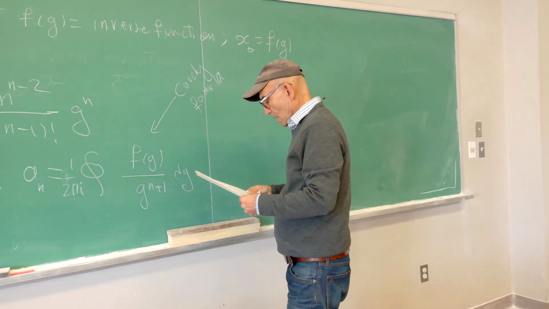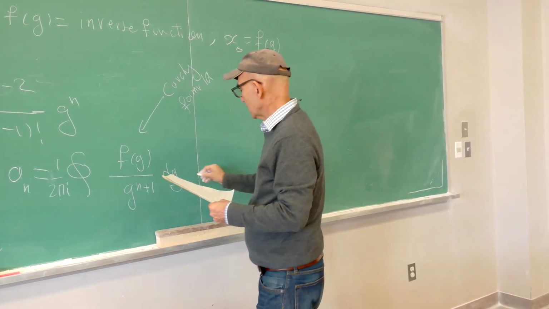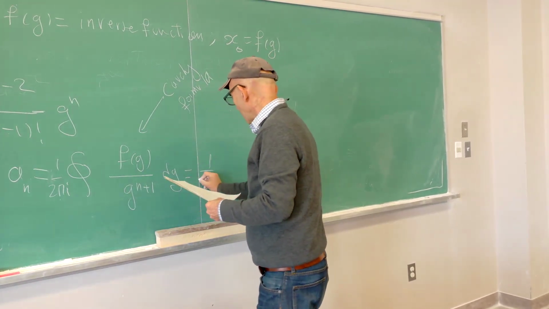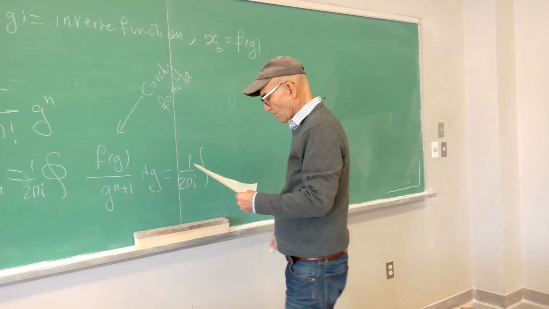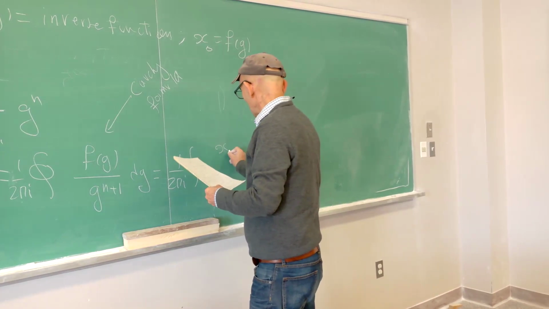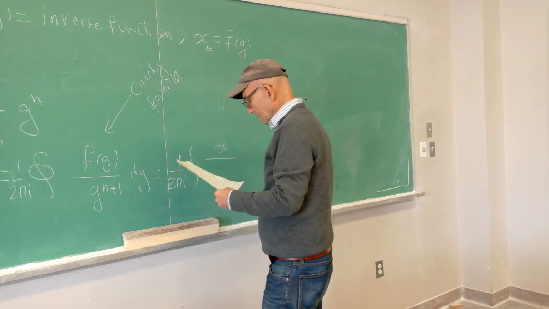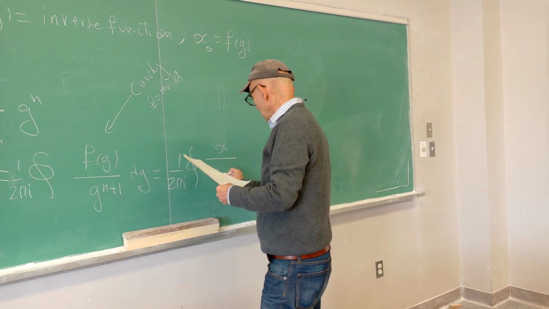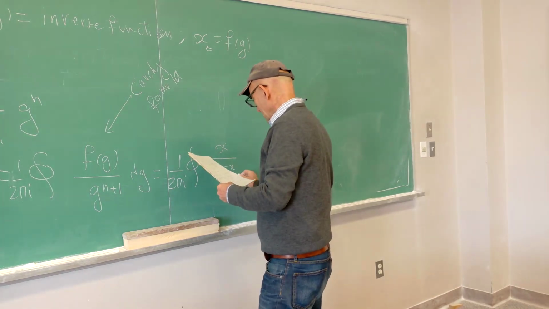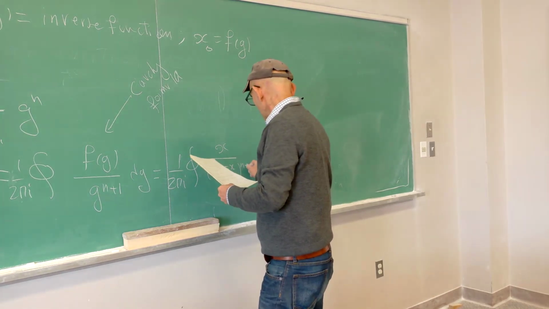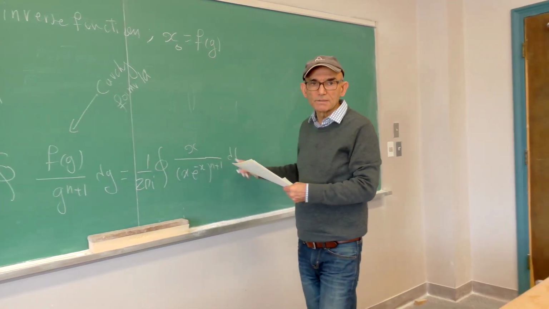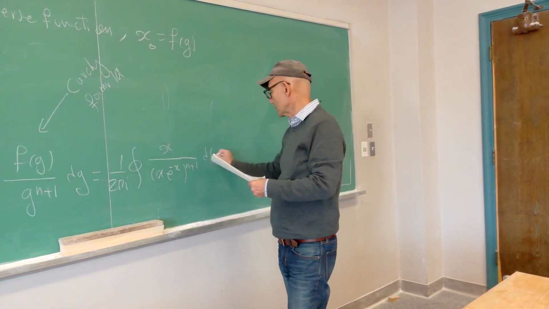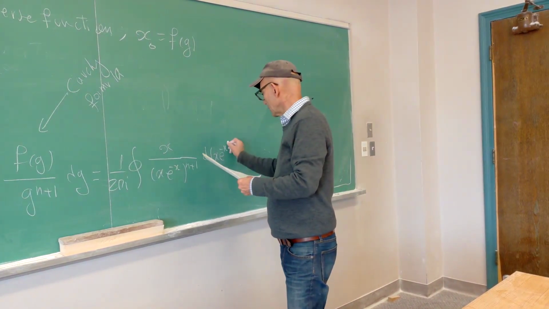Okay, so then you can change variable. You get that this is equal to 1 over 2 pi i, the loop integral again, of x over x e to the minus x to the power n plus 1, d of x e to the minus x. We are changing variable from g to x e to the minus x.